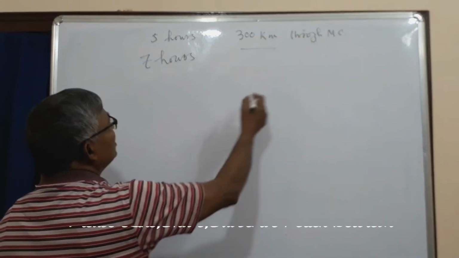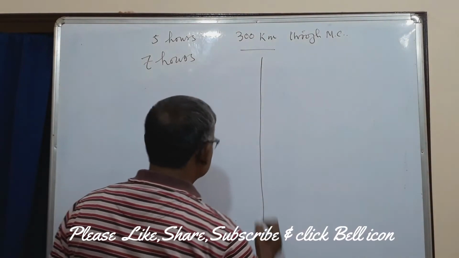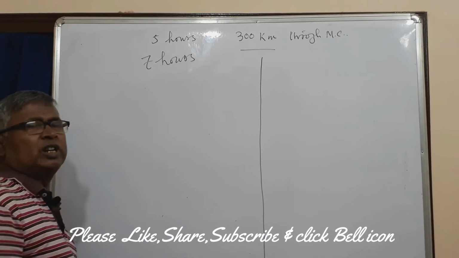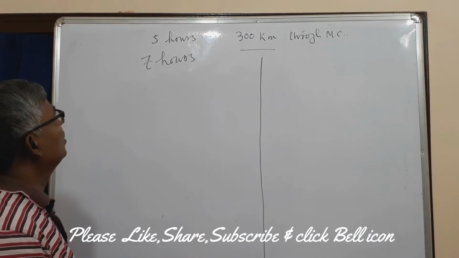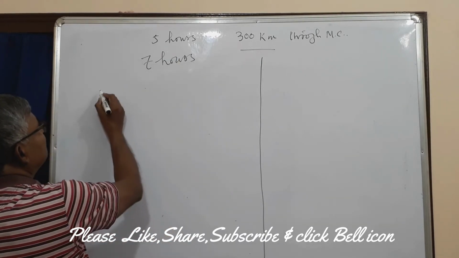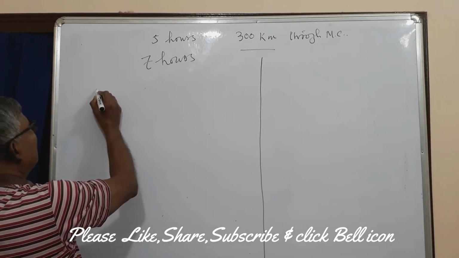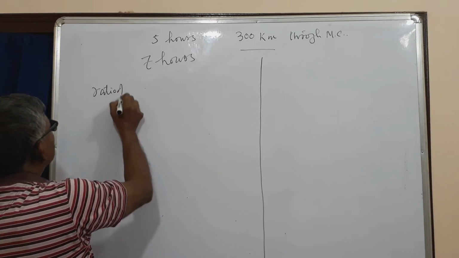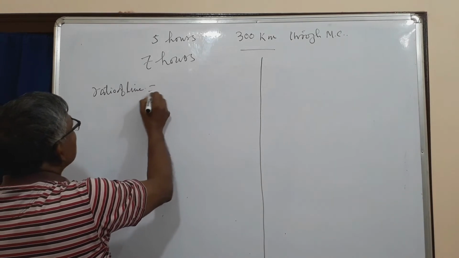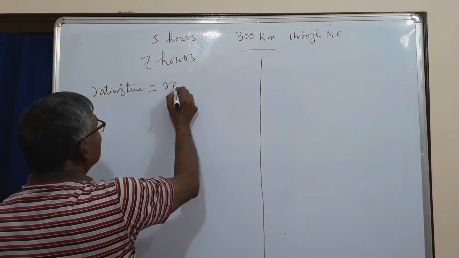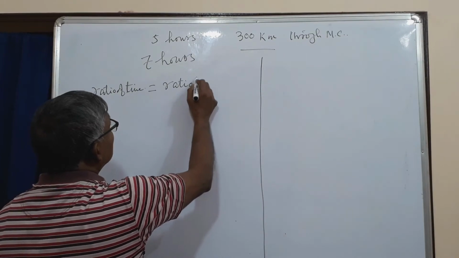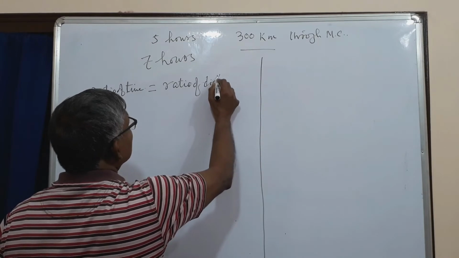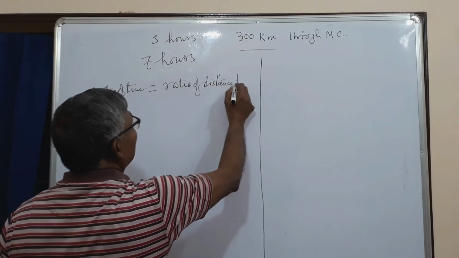Let us solve this in two methods. First, in case of proportion, which you have already learned in my earlier class, the ratio of time equals the ratio of distance traveled.